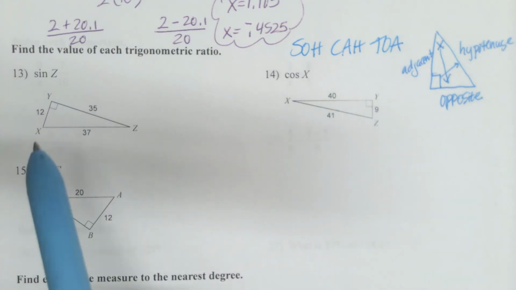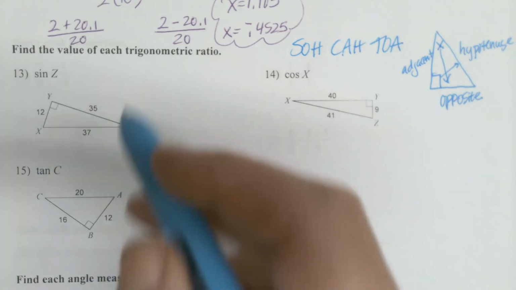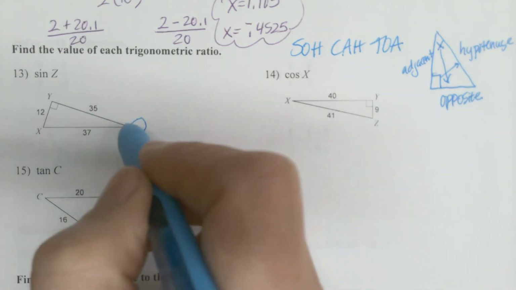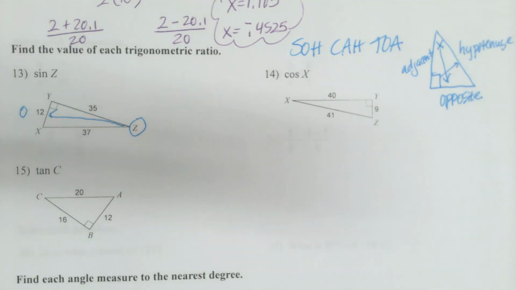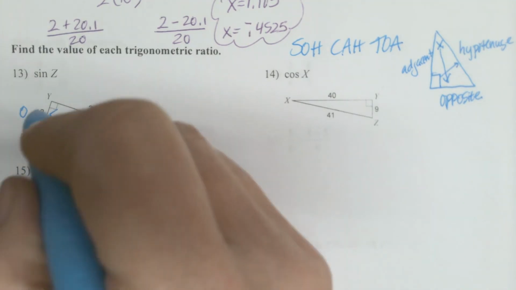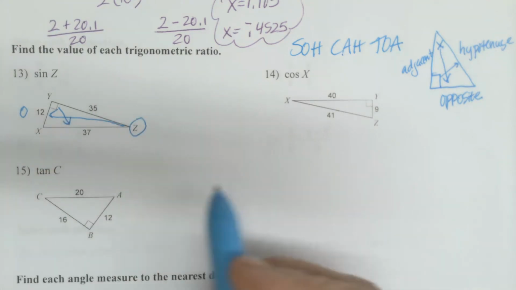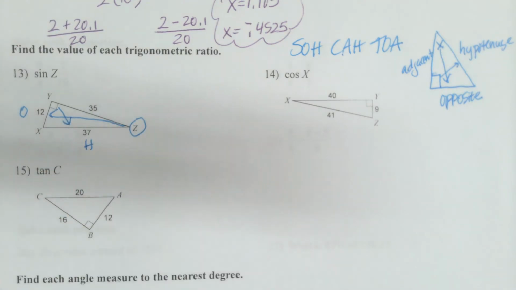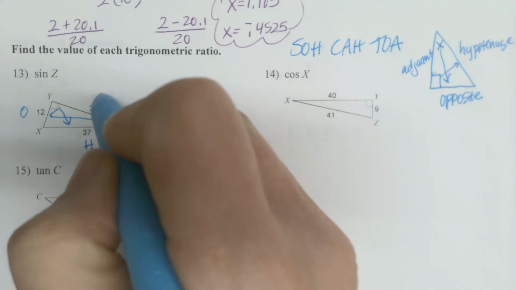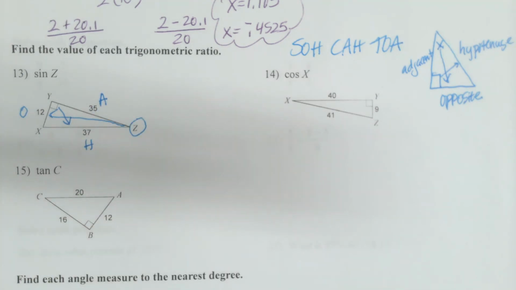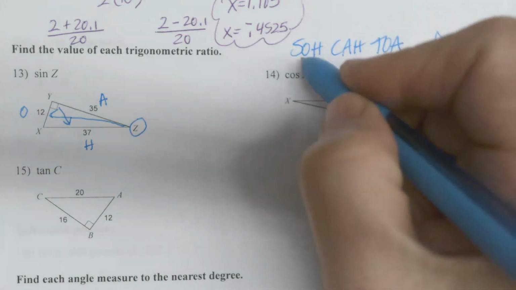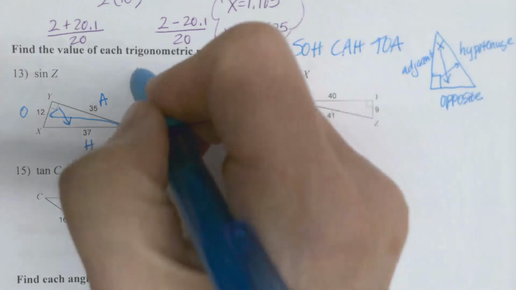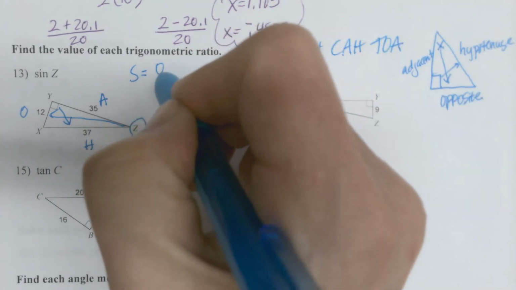So if I want the sine of Z, that means I'm interested in Z. Opposite Z is 12, so I'll call that O. Opposite the right angle is 37, so I'll call that H. The remaining side is A. So when I write this another way, the sine is the opposite over the hypotenuse.